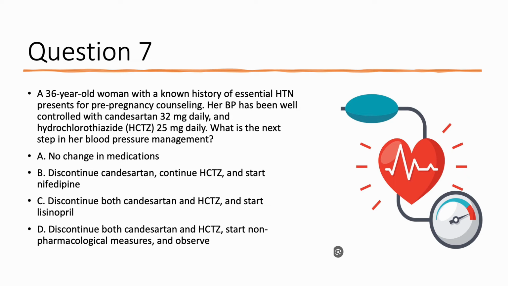Is it A, no change in medications, B, discontinue candesartan, continue hydrochlorothiazide, and start nifedipine, C, discontinue both candesartan and hydrochlorothiazide and start lisinopril, or is it D, discontinue both candesartan and hydrochlorothiazide and start non-pharmacological measures for blood pressure management and observe?